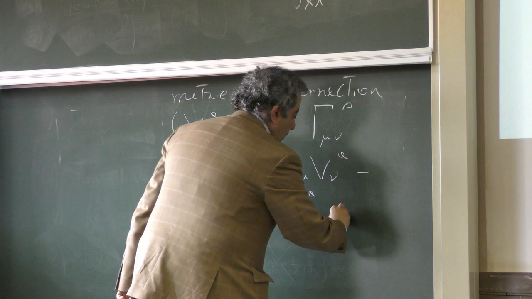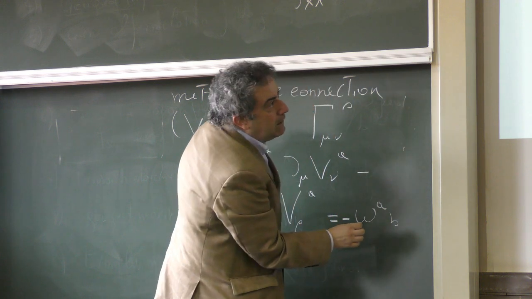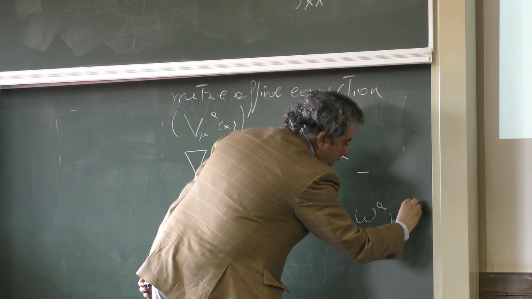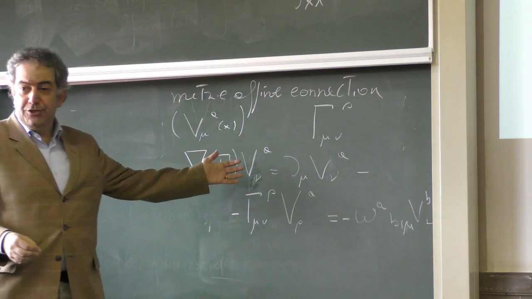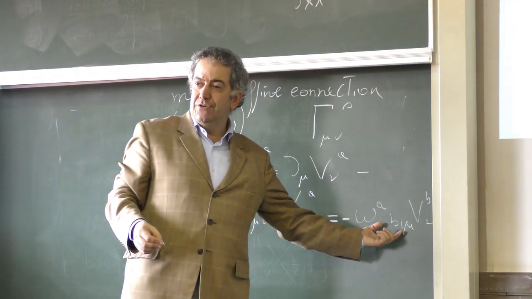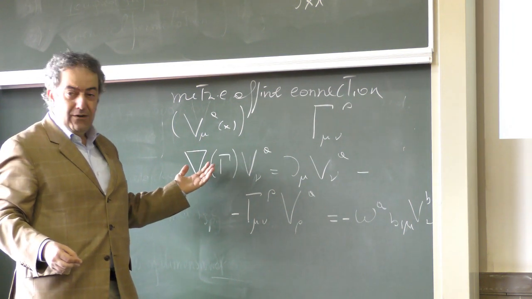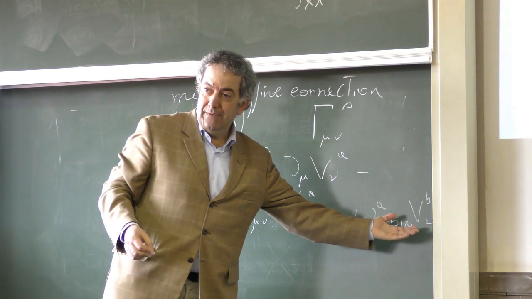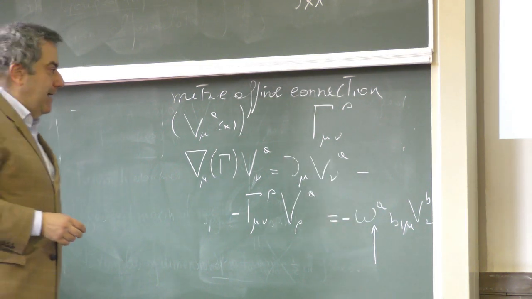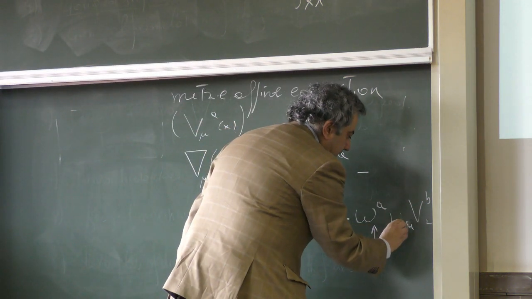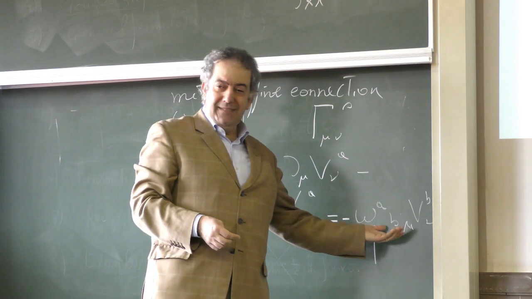Now I call this minus omega_mu^A|B V_nu^B. So I define omega through this action. The result of this action here, I write it in this way. And this defines our spin connection. After B, yes, there is a vertical line just to distinguish between these two indices, otherwise they tend to mix. So this is the main structure.